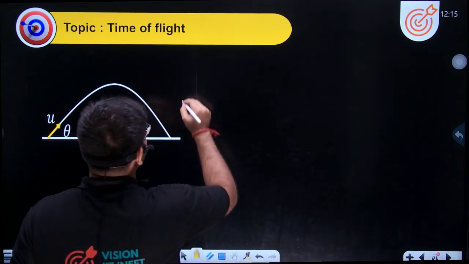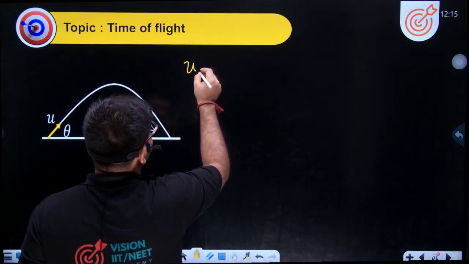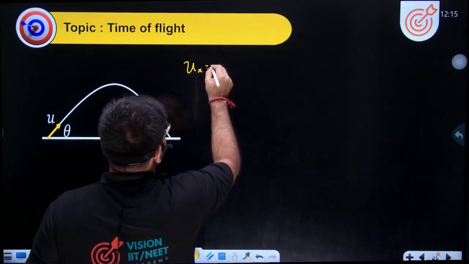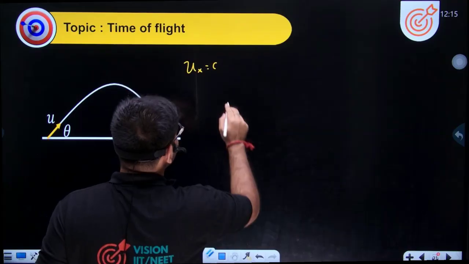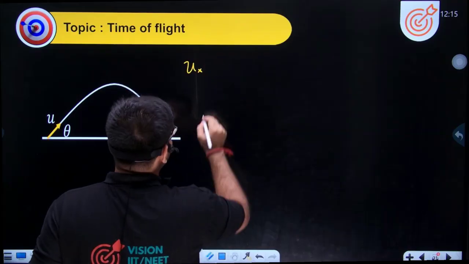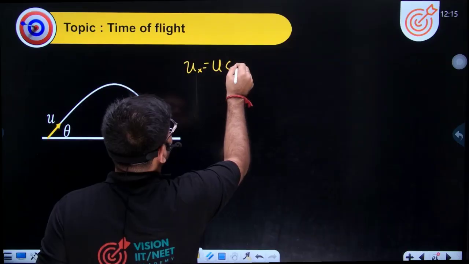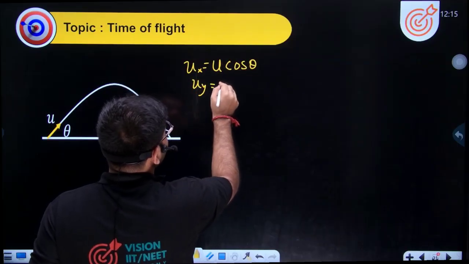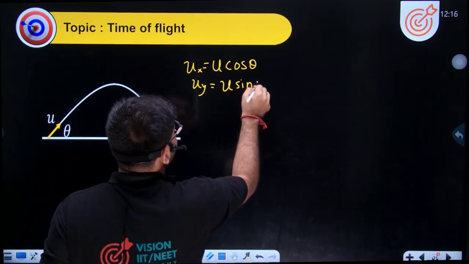We are splitting it. So you see that ux is going to be u cos theta, and uy is going to be u sin theta.